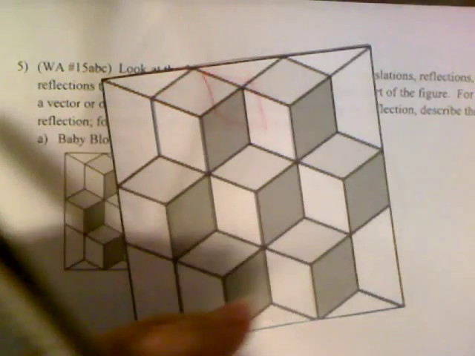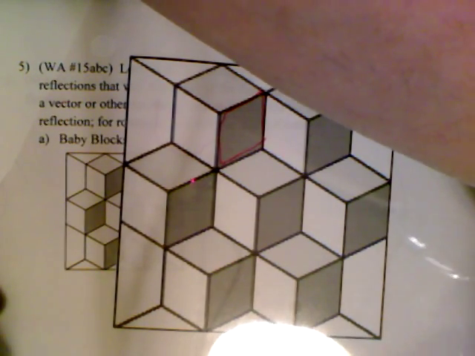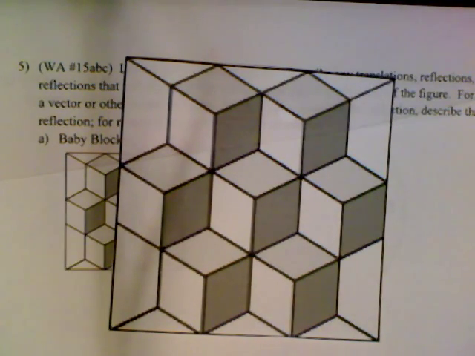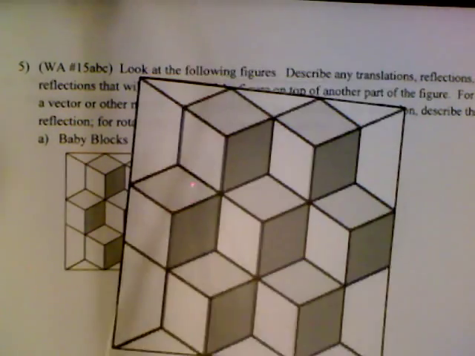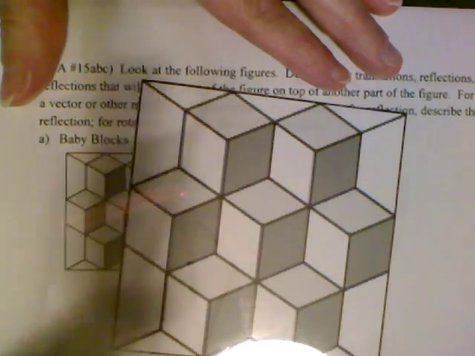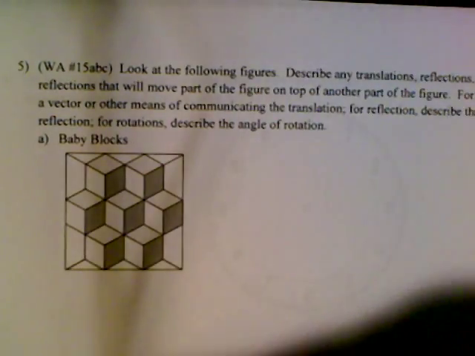You can also say that if I take this rhombus and rotate it 120 degrees, then I get it. Next, if I look at these as hexagons, right? This is a hexagon, 1, 2, 3, 4, 5, 6 sides. Then that's also a rotation. Okay, so there's that figure.